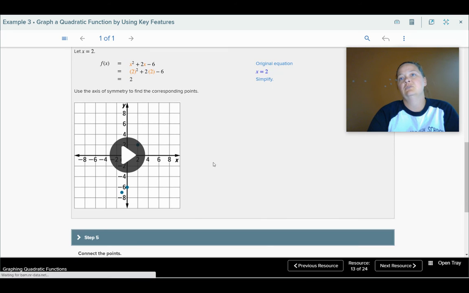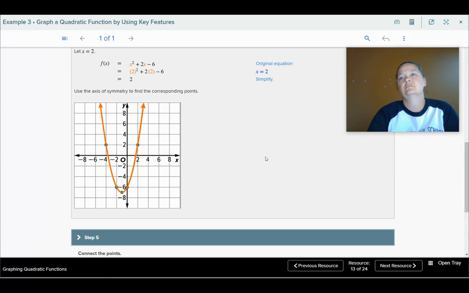So I'm going to play this little video for you here so you can see that in action. Okay. So they have their y-intercept here at negative 6 and our vertex and the point 2, 2 that we found.